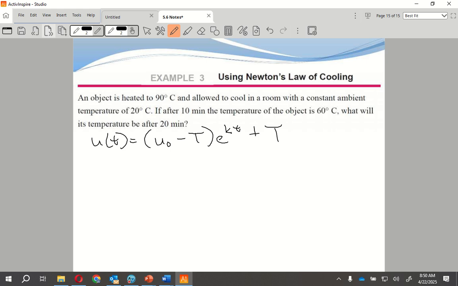So I have 60 is equal to: the object is heated to 90 degrees Celsius, which is my U sub naught right here, 90 minus my ambient temperature, which is going to be 20 degrees Celsius, times e to the K, my t is going to be how long? 10 minutes, plus my ambient temperature again.